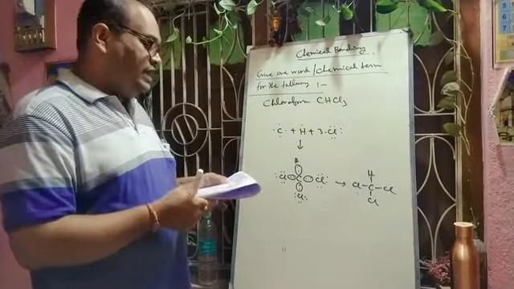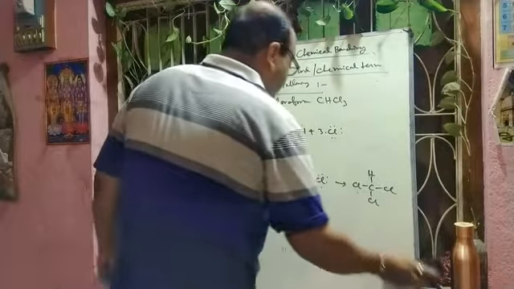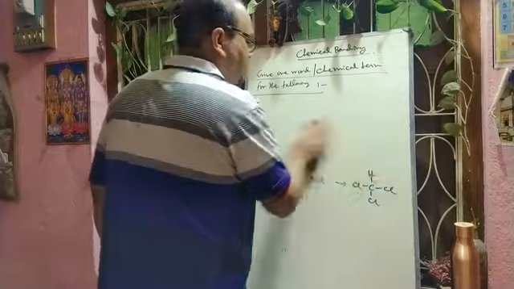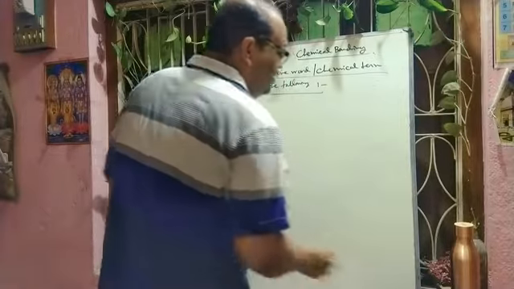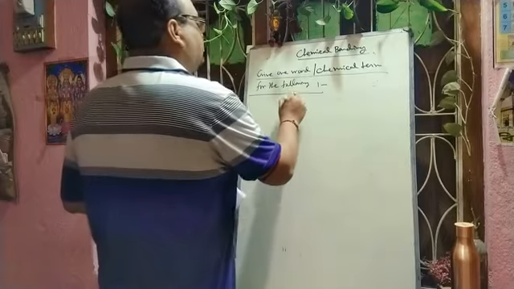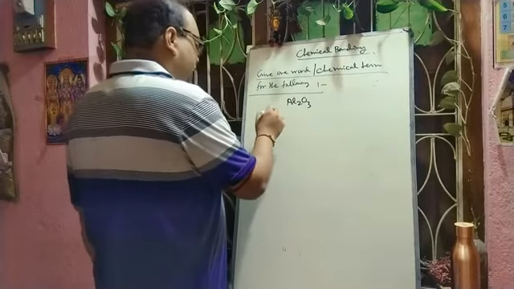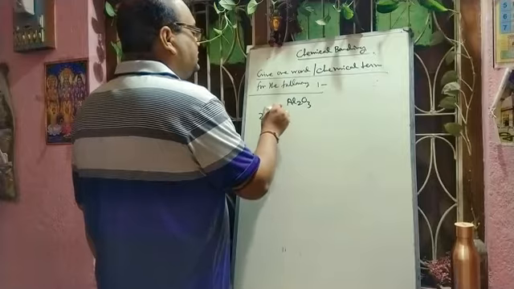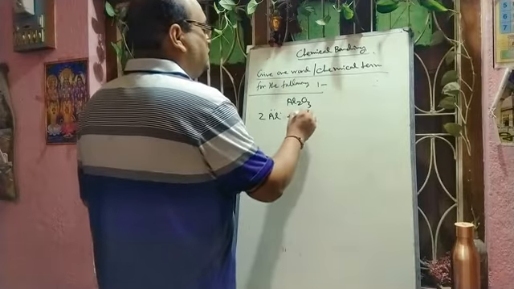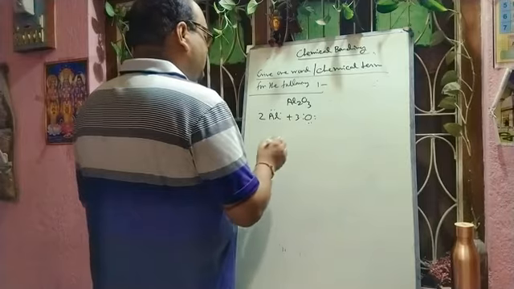So in this way you have to draw the electron dot structure. If I give you a more complex structure like Al2O3, that will not come in your exam, but you have to practice for better understanding. Suppose Al2O3. Here 2 Al are present, each Al contains 3 valence electrons, and oxygen contains 6 valence electrons, with 3 oxygen.